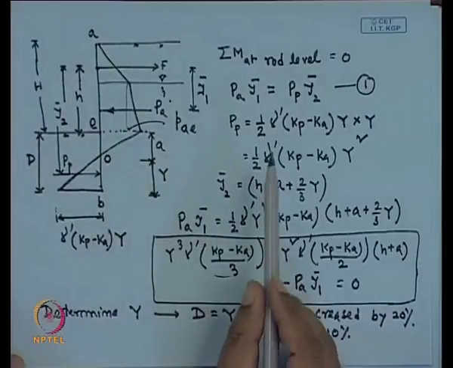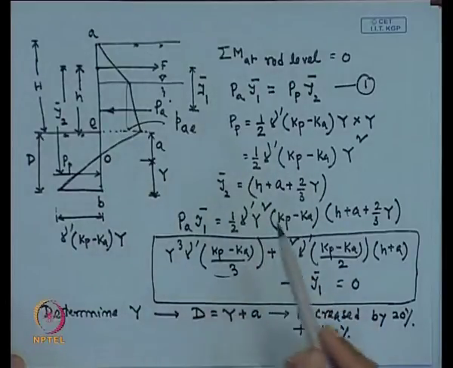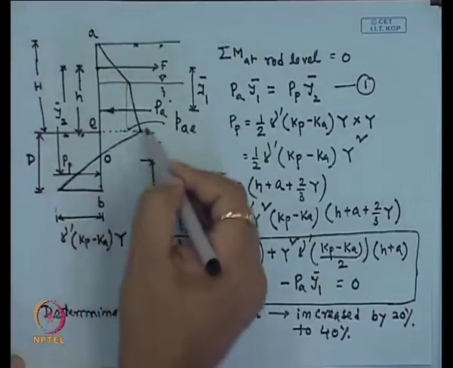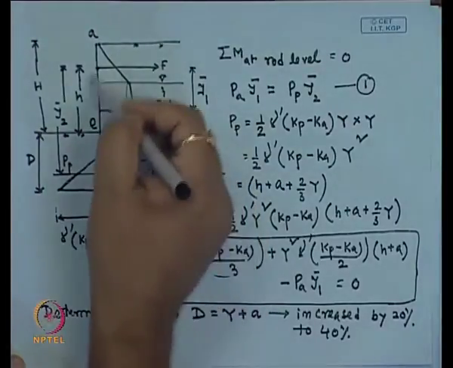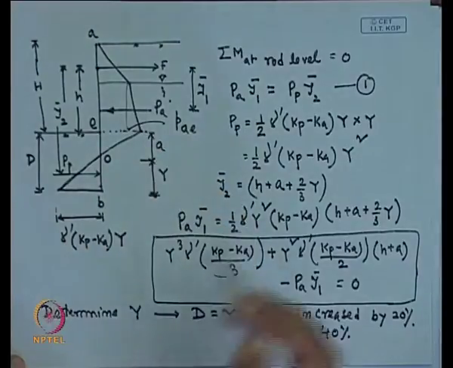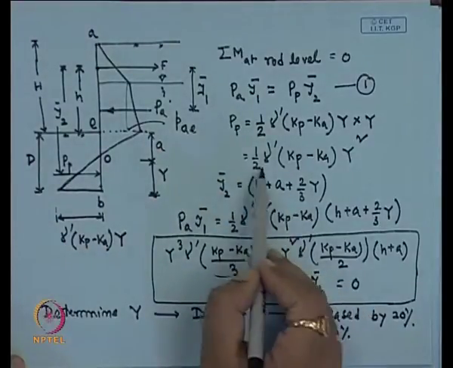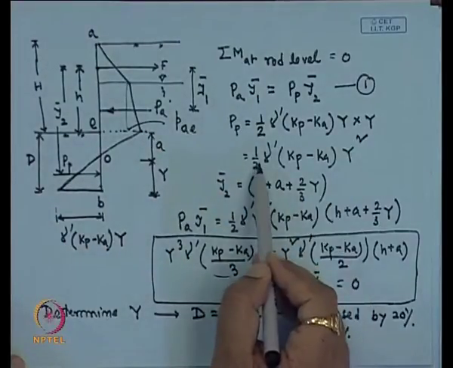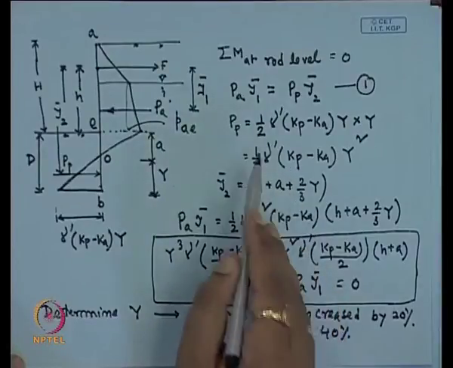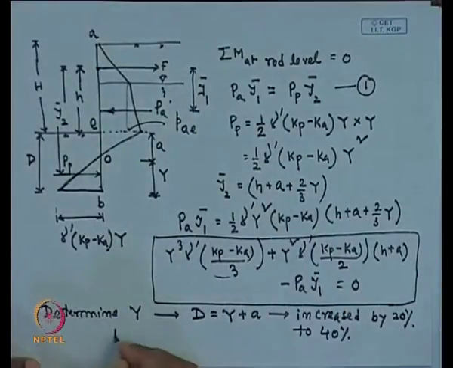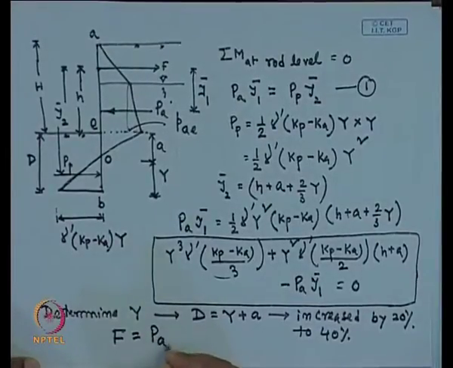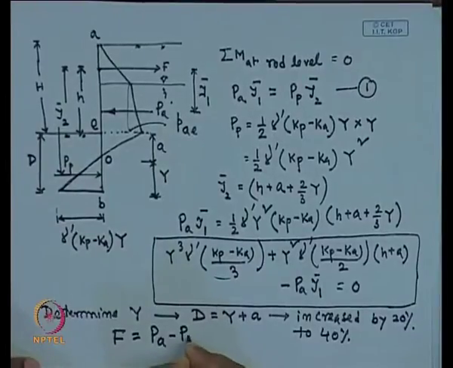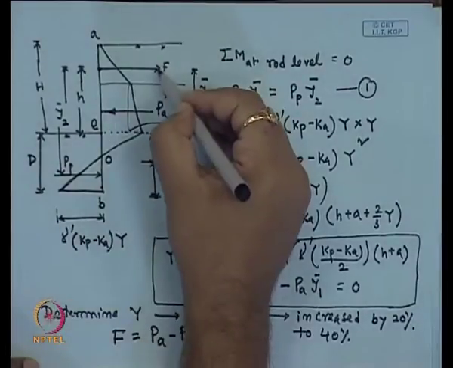We can calculate this P A, because this P A is the top portion where A we know. If I know the capital Y value, then we can also calculate the P P. So, once we know the P A and P P, then we can calculate this F force, anchored force, that is P A minus P P, because that force is required.